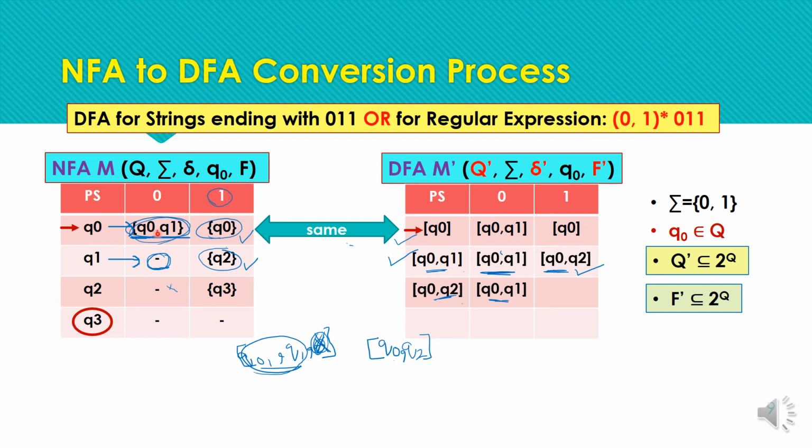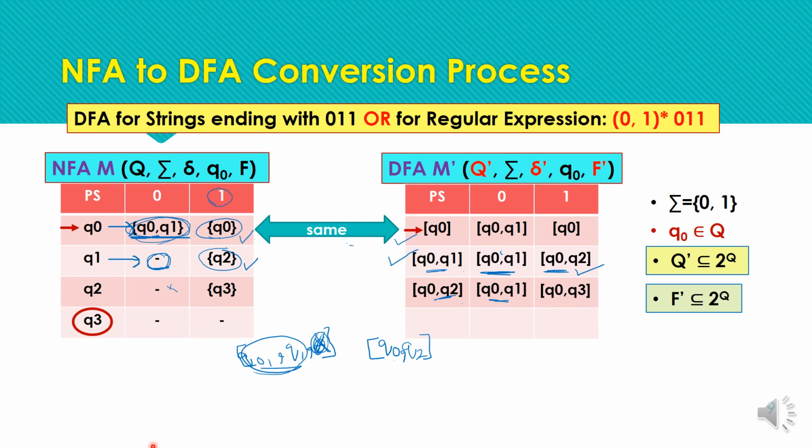For Q0 we have Q0 over here, and for Q2 for input symbol 1 we have Q3. So these two states are going to be part of the transitions for input symbol 1 in the DFA table. From Q0 we move to Q0 for 1, and from Q2 we move to Q3. So the resulting state in the table is Q0 and Q3.